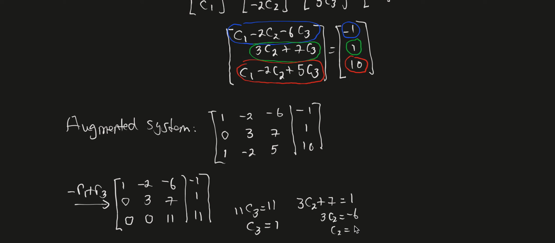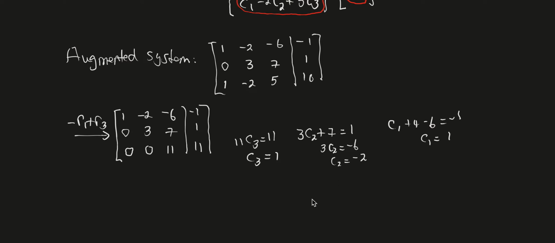So C2 would have to be -2. And then the top equation tells me that C1 plus 4 minus 6 is equal to negative 1. So that's a negative 2, so add that over. So C1 would have to be 1 as well, right?